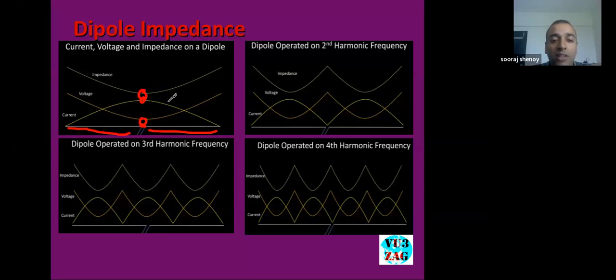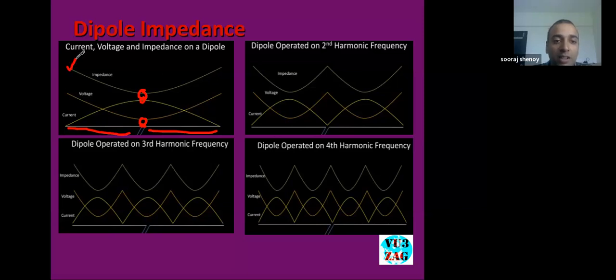We know that for a dipole, the impedance at the center will be near 75 ohms. But we are talking about feeding this antenna at the end of the dipole. At that place, we can see that the impedance is always high.